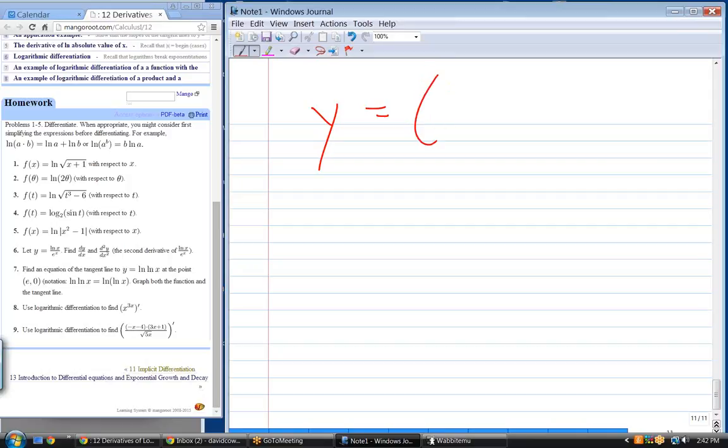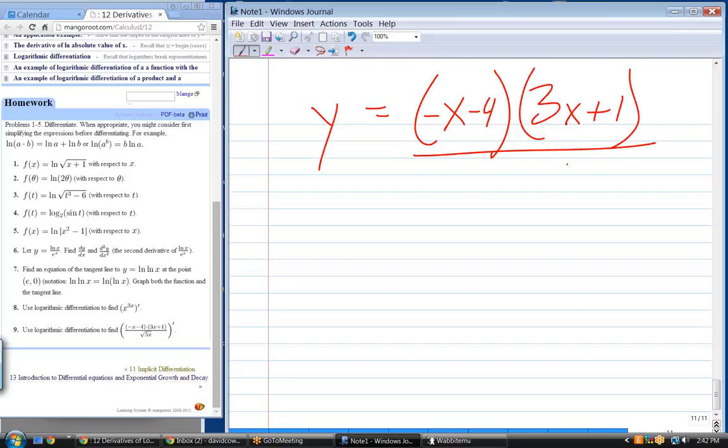There are some problems, like this one, that would be extremely difficult to do if we had to apply the product rule and the quotient rule. Right? And you can see why it would be tough.